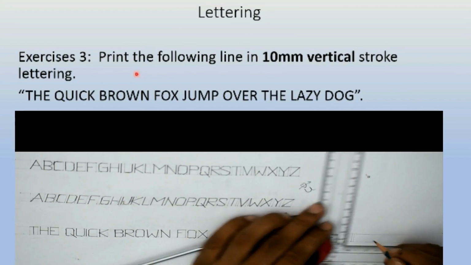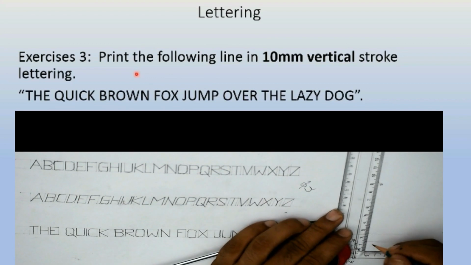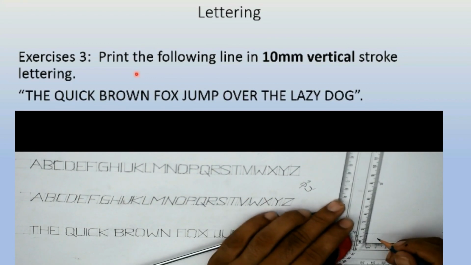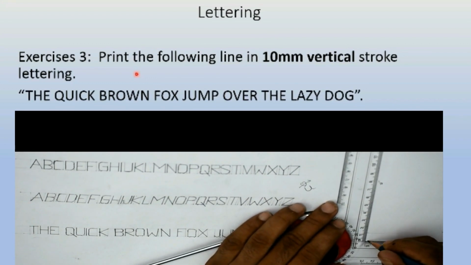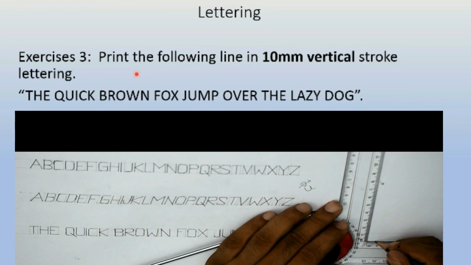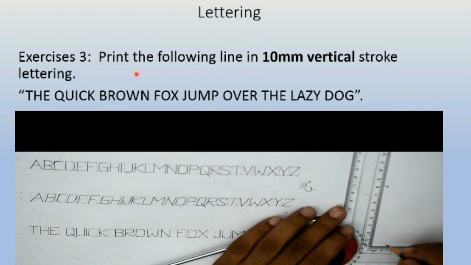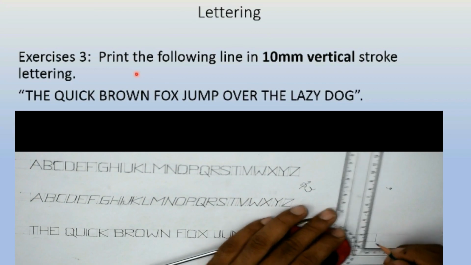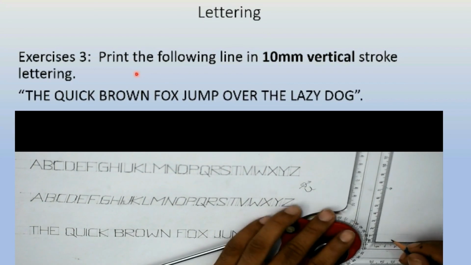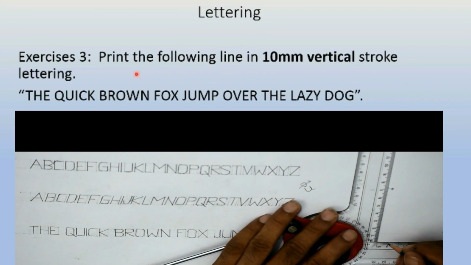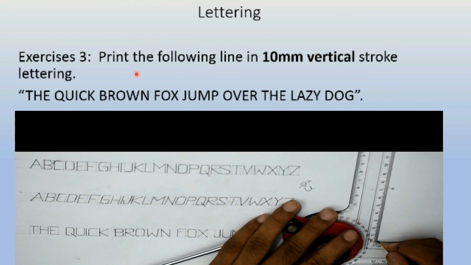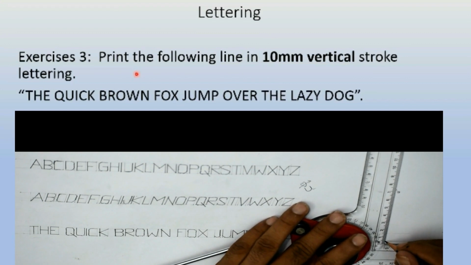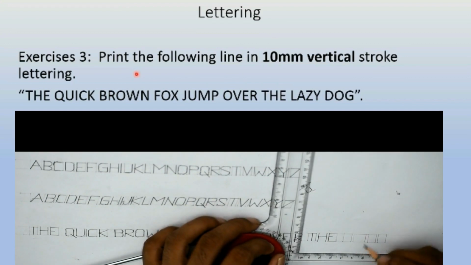So here L and here A is there. So I have to take the full complete width as 10 mm. L, A, Z. And the last alphabet is Y. Lazy.